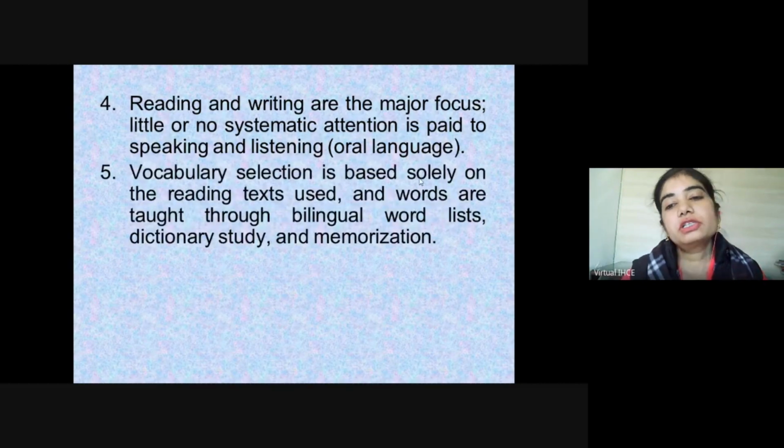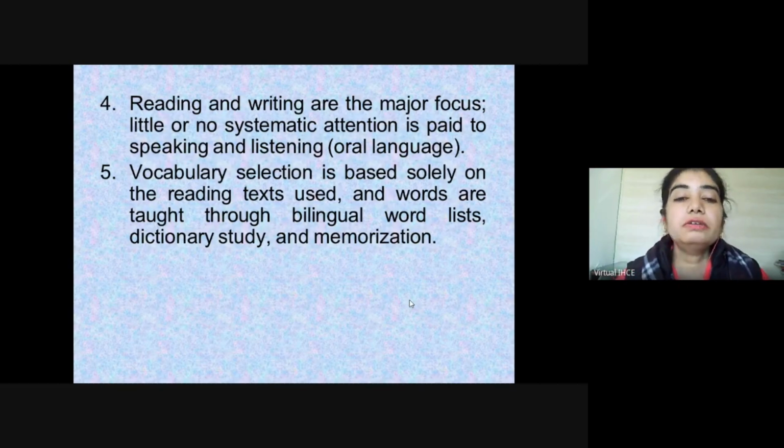Vocabulary selection is based solely on the reading texts used, and words are taught through bilingual word lists, dictionary study, and memorization.